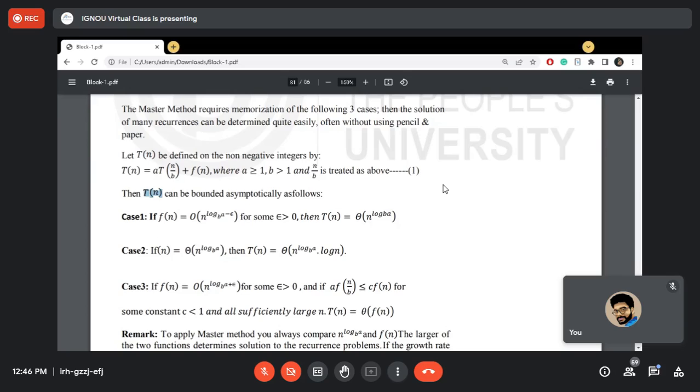If your F(n) value is less than big O of n to the power log base b of a, you will get the answer theta n to the log base b of a. I'm rectifying this statement, so listen carefully. If F(n) is less than big O of n to the log base b of a, then we get theta n to the log base b of a.